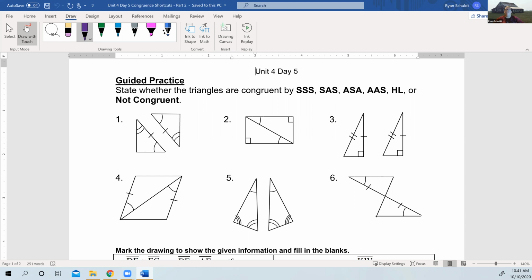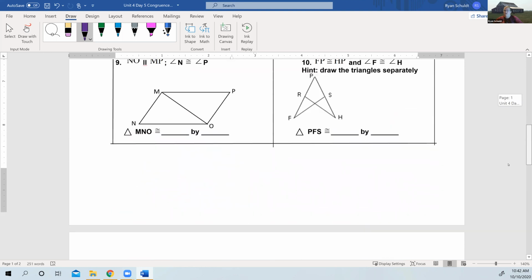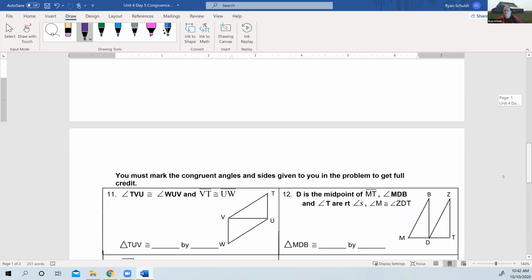Okay, so the guided practice, if we really look on our assignment, is the whole front of the assignment. All you gotta do is the back.